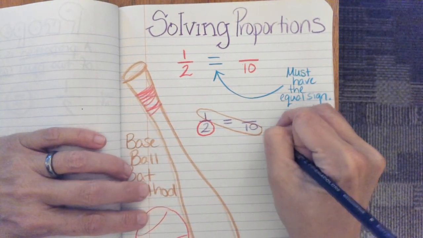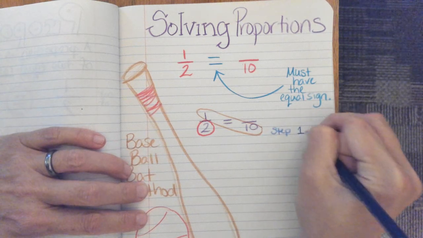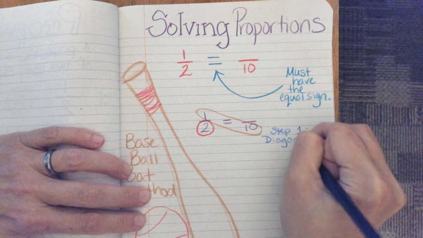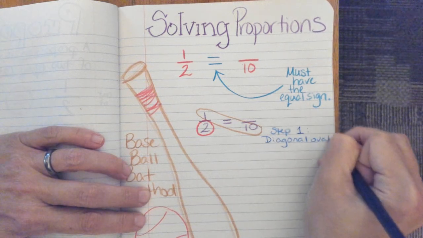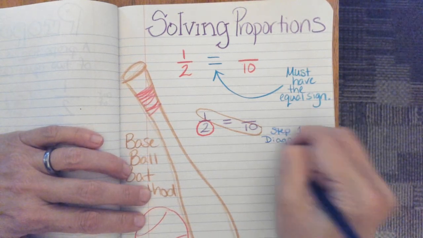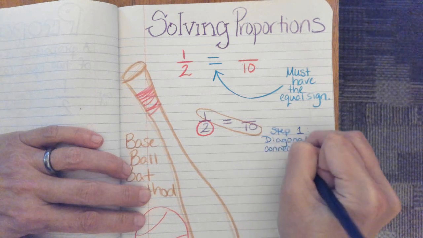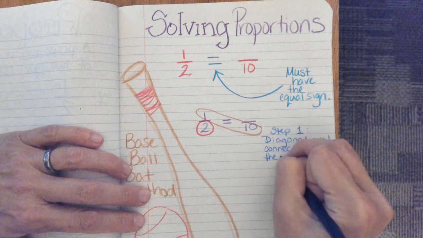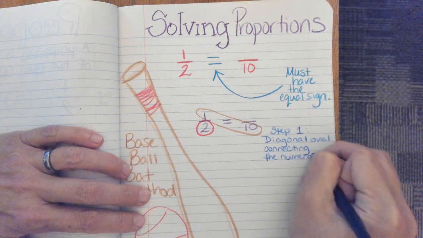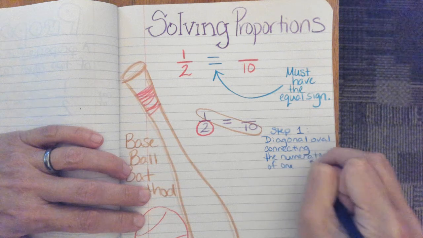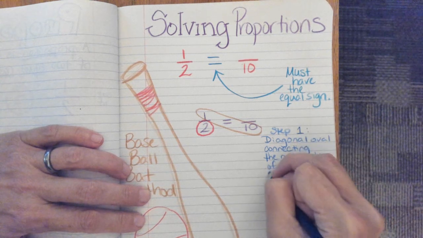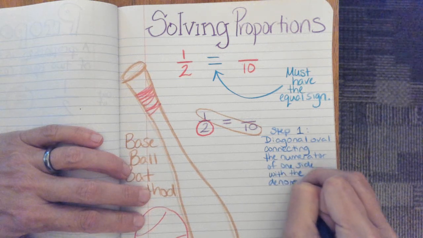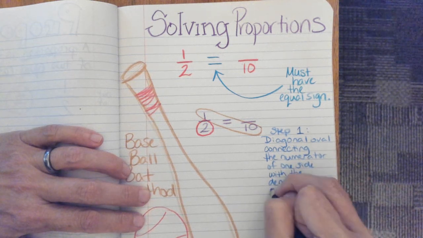Step 1 is a diagonal oval connecting the numerator of one side with the denominator of the other.